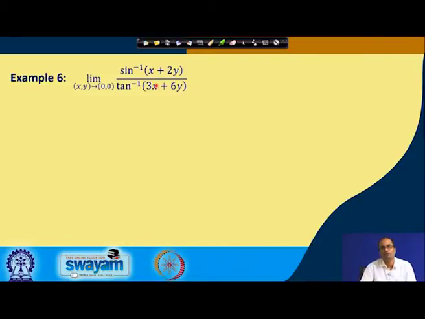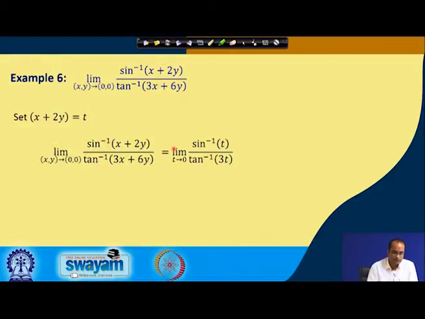So, if we substitute x plus 2y as a new variable t, then we can convert this limit to the limit of sin inverse t over tan inverse 3t as t approaches 0. So this is another convenient way without fixing the path.